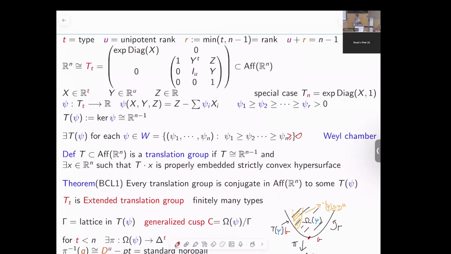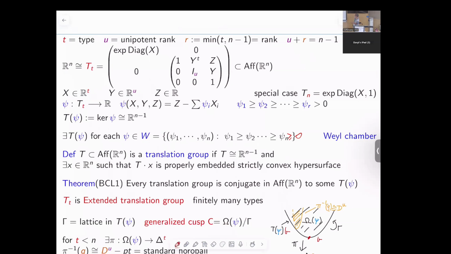Corresponding to the type, you then get to, well, I should say it the other way around. You pick a point in the Weyl chamber. The number of non-zero coordinates tells you what the type is and therefore defines a Lie group. So the conclusion is that for every point in the Weyl chamber, there is a Lie group isomorphic to R^(n-1), and a lattice in that Lie group gives you a generalized cusp.